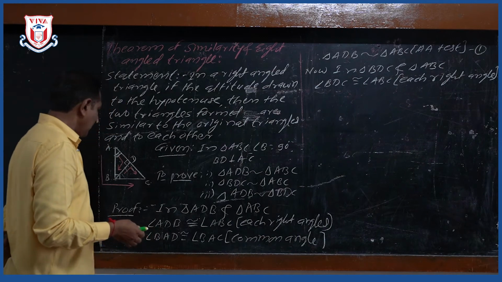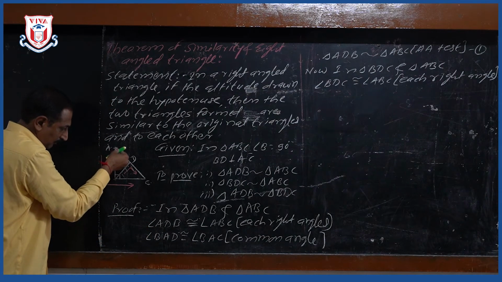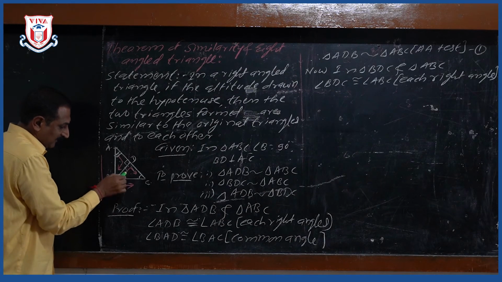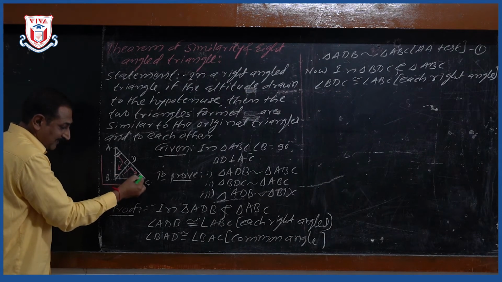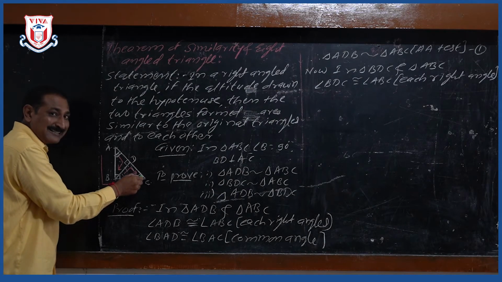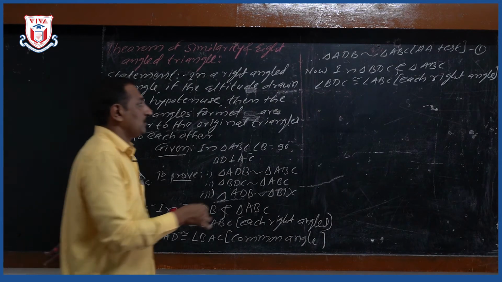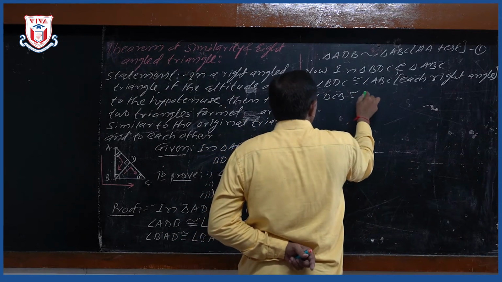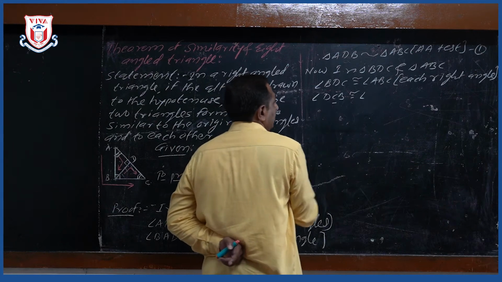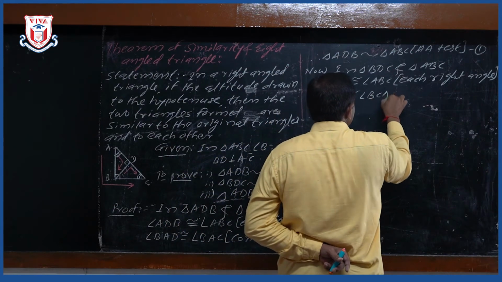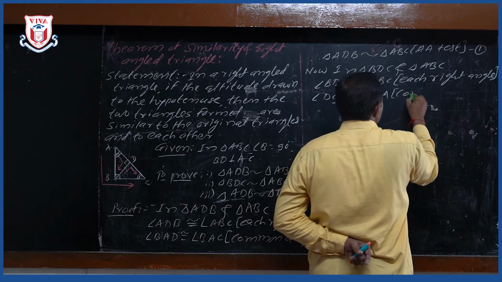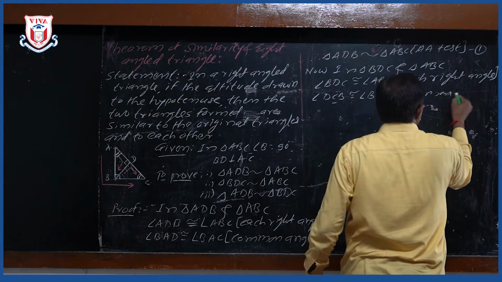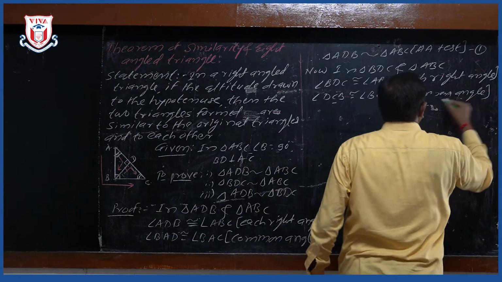Again in both triangles, in the original triangle angle C, and in this BDC triangle angle C is also present, meaning angle C is the common angle here. Hence you write here angle DCB congruent to angle BCA, common angle.